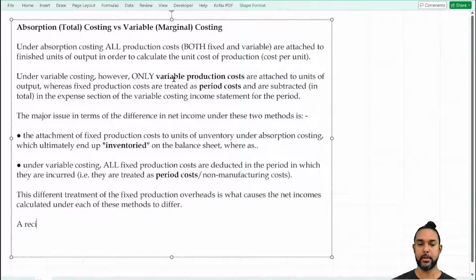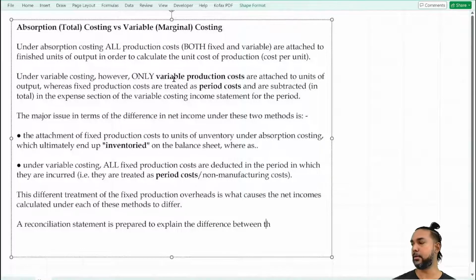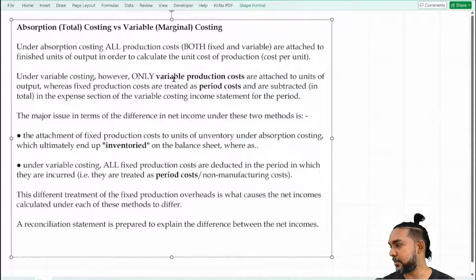Right? A reconciliation statement is prepared to explain the difference between the net incomes. Okay, cool. Right, so that's the long and short of it.